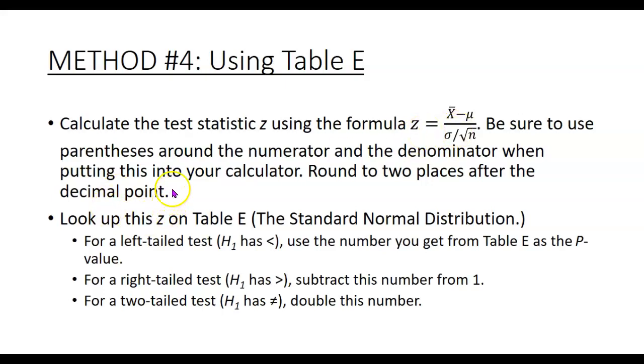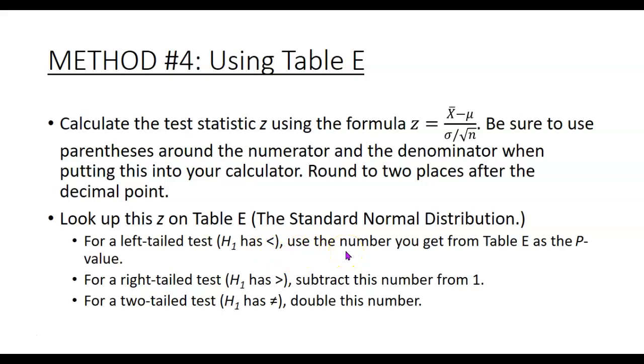Then step 3 asks you for the p-value. So to find that, you have to take the z that you calculated and look it up on table E. And if you're doing a left-tailed test, that is, if your alternative hypothesis has mu being less than some number, then that's the easiest.